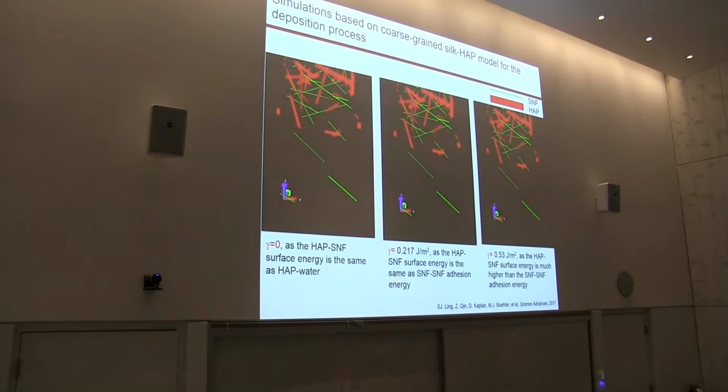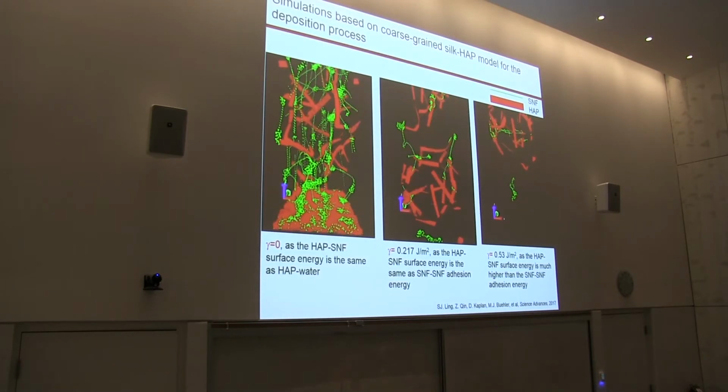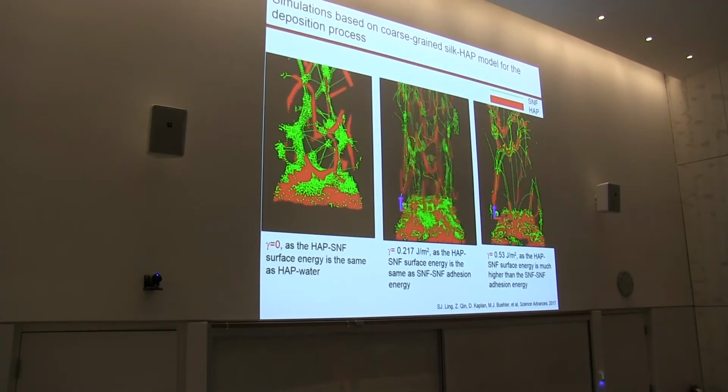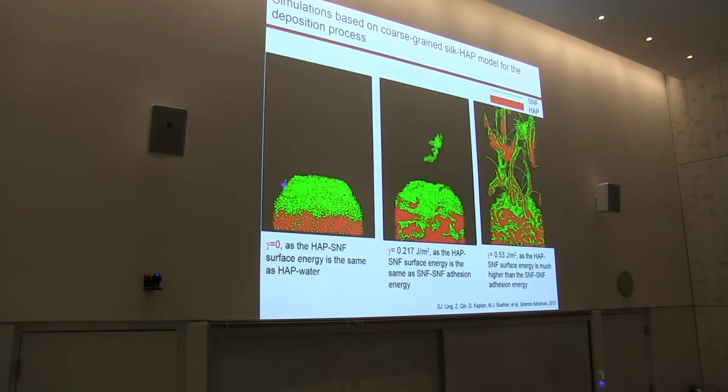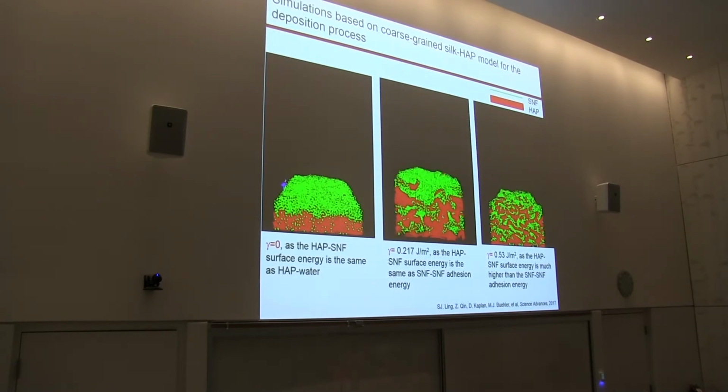So here you can see that although it starts with the same geometry, it actually ends up with different combinations. For this modeling, I want to say that I follow Stokes' law from fluid mechanics to design the force applied to every single particle in my simulation.